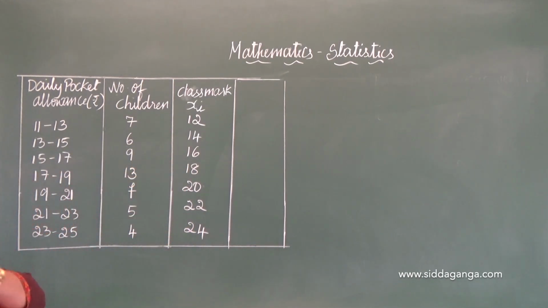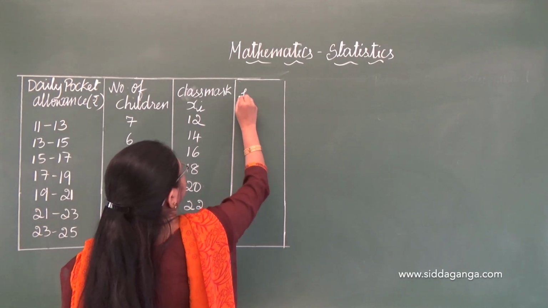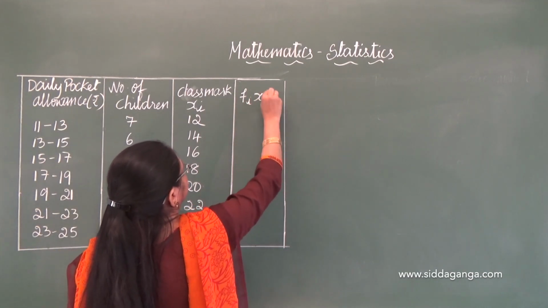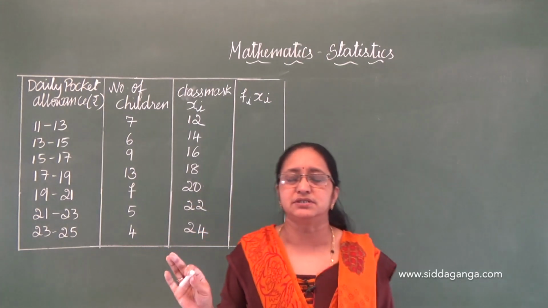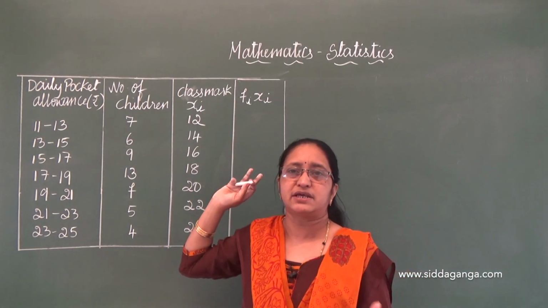Okay. Now we'll find out Fi xi. Because we are doing the direct method here, you can recall the column Fi xi.